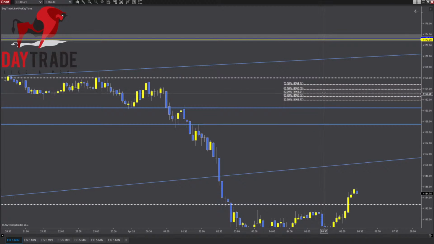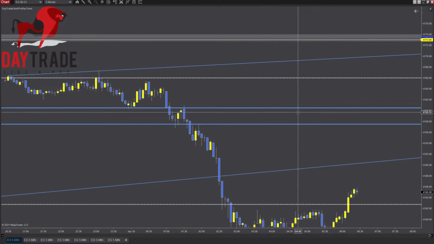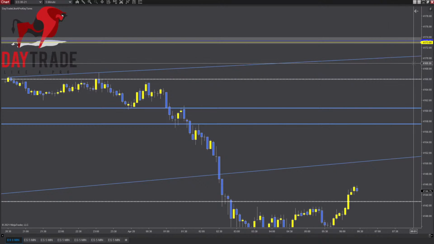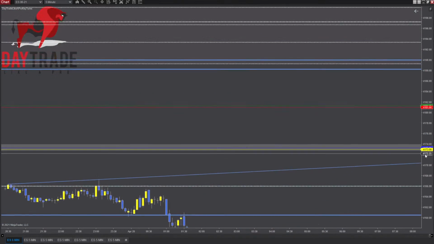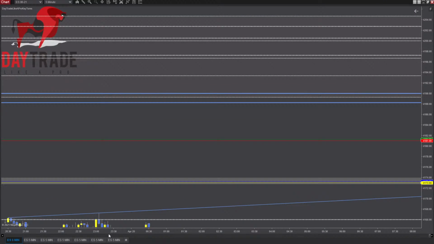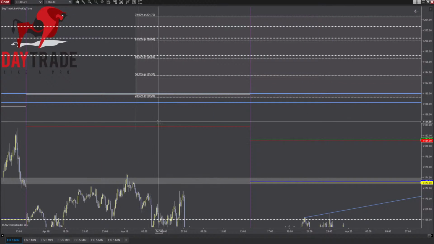Yeah, so 63 quarters the midpoint. So we'd need to break, let's just say to be safe, we need to break up above that. That should do it as far as bringing the buyers back on board. Buyers would still need to take out this area just to confirm, but then once that's taken out, there's plenty of room up here. We've got back up to these CPs. That would be new all-time highs, and there's even more room to go up above there.